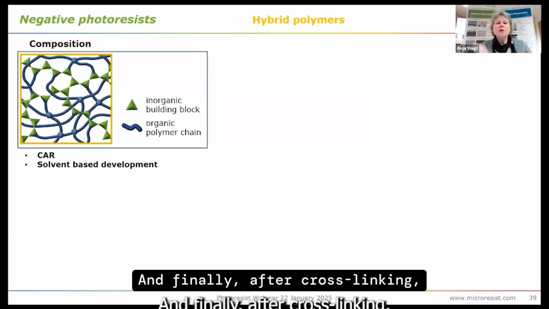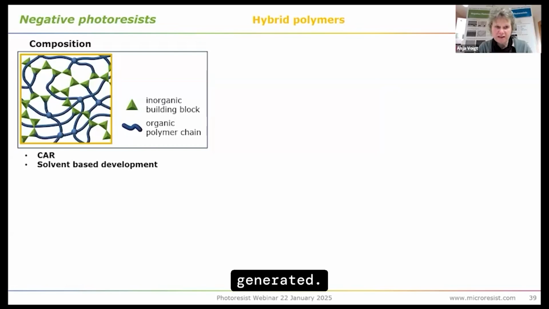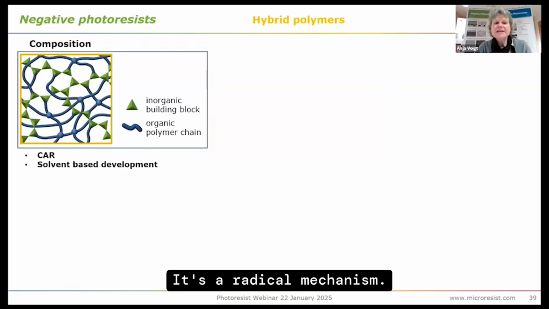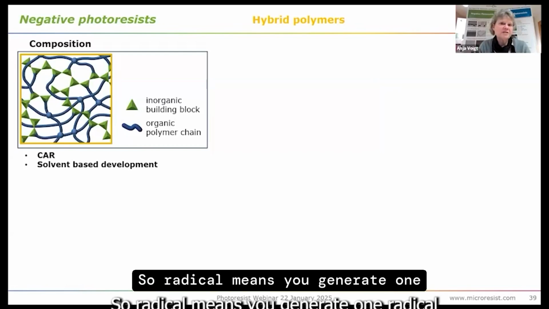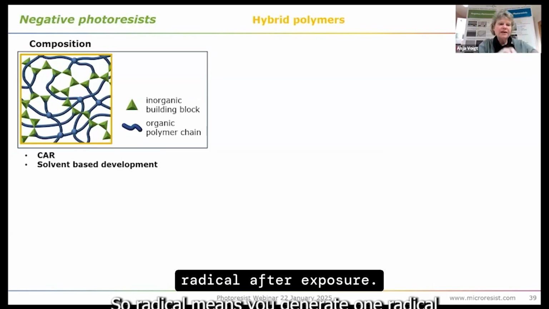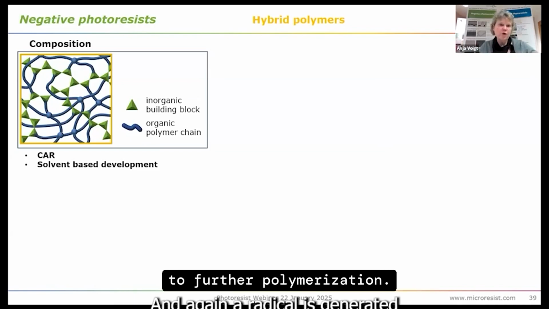And finally, after cross-linking, you have an inorganic-organic network generated. It's a radical mechanism. It's, let's say, also chemically amplified. So radical means you generate one radical after exposure. It cross-links, and again a radical is generated, which leads to further polymerization.